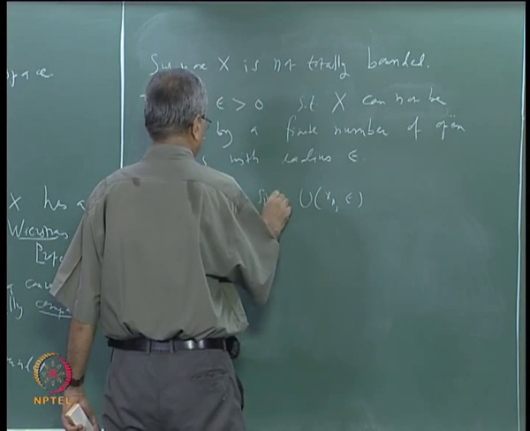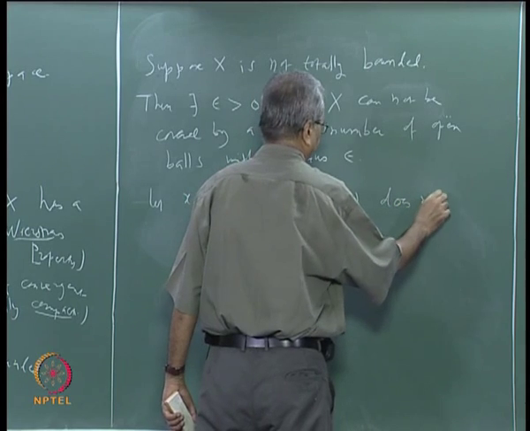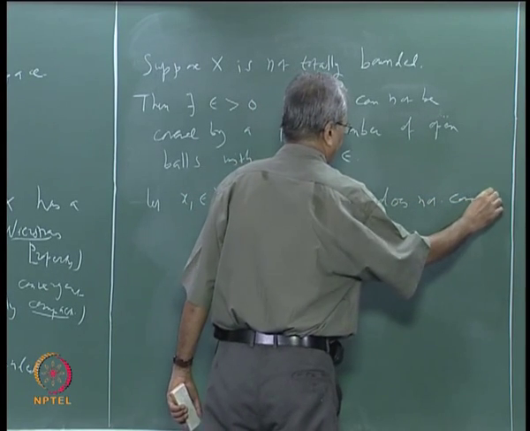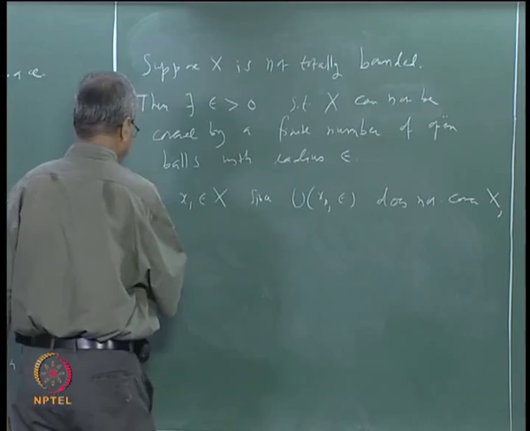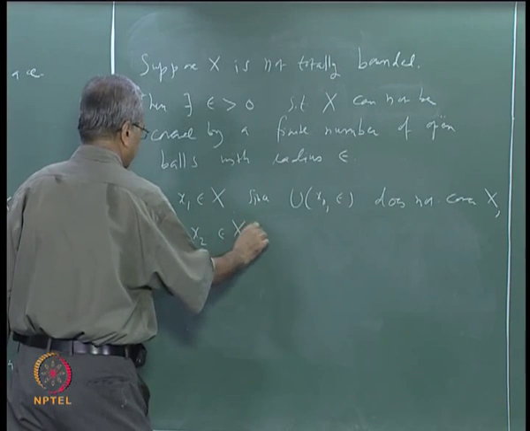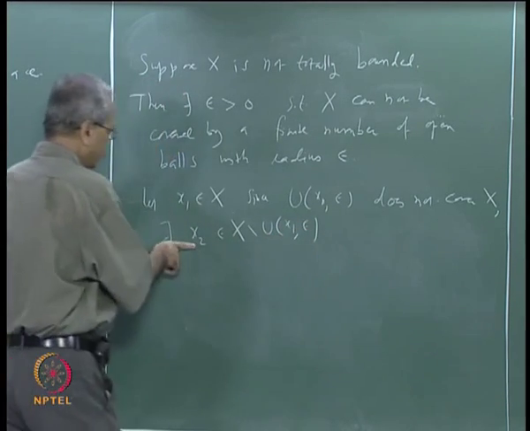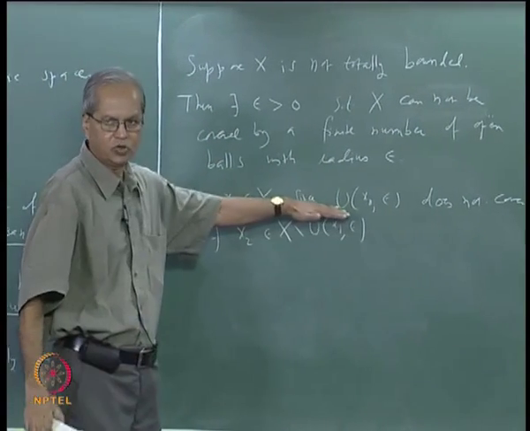Since U(x1, epsilon) does not cover X, there exists x2 in X minus U(x1, epsilon). That is, there should exist some x2 which is outside this ball.